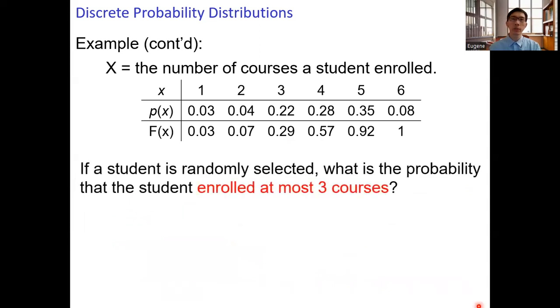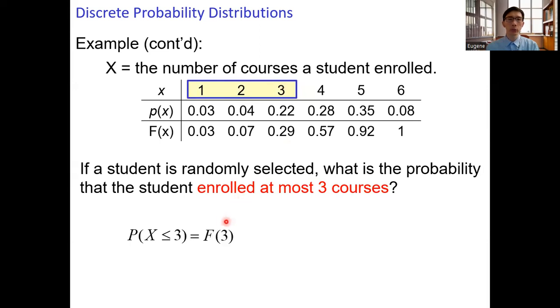Let's take a look at a series of probability questions. If a student is randomly selected, what is the probability that the student enrolled in at most 3 courses? This corresponds to the probability statement P of X less than or equal to 3. So X can take on values 1, 2, and 3.